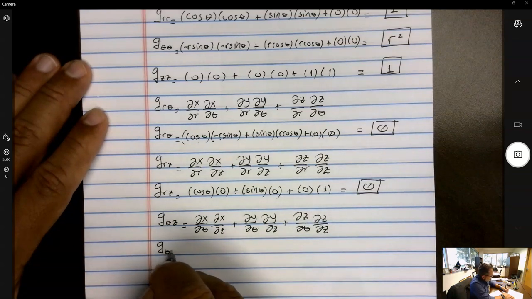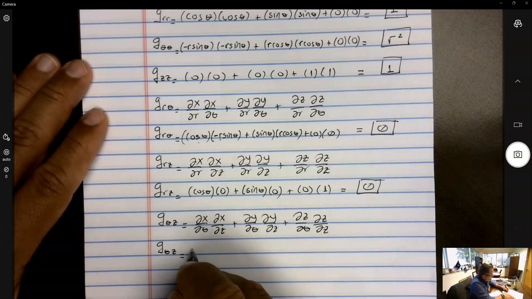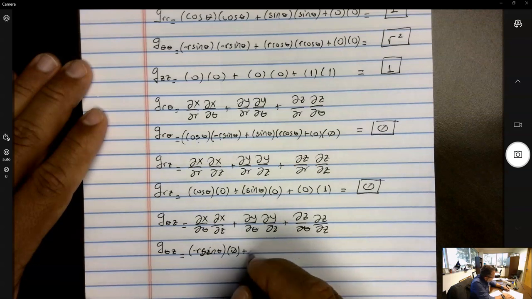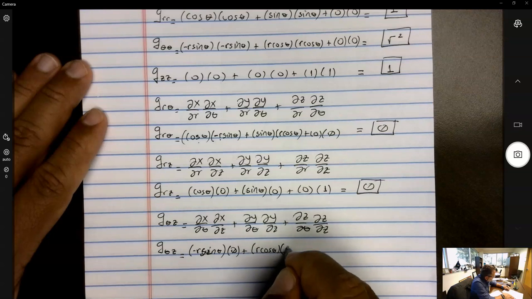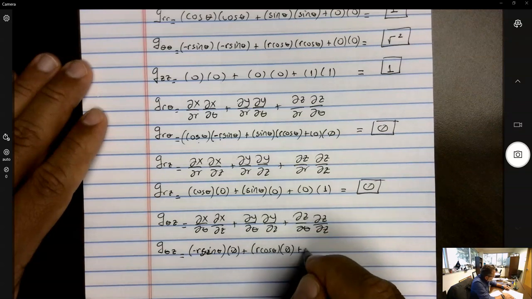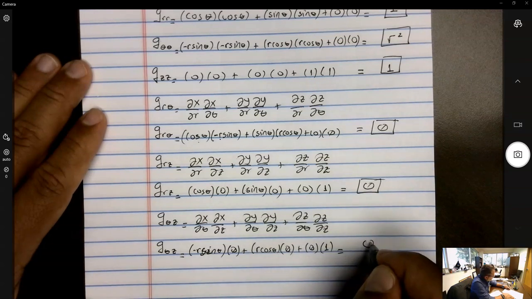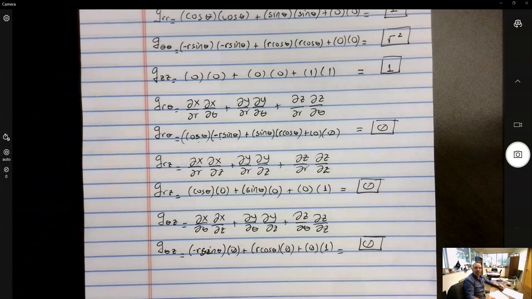So g theta z is equal to dx d theta, it would be minus r sine of theta. dx dz is equal to 0. Plus dy d theta is r cosine of theta. dy dz is 0. dz d theta is 0. And dz dz is 1. So this all leads to 0.